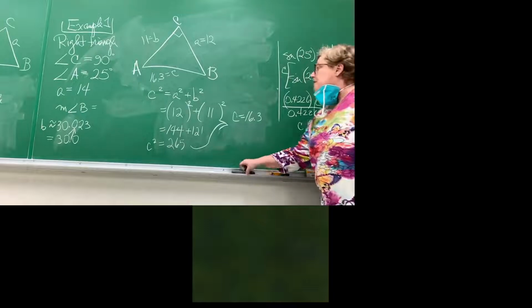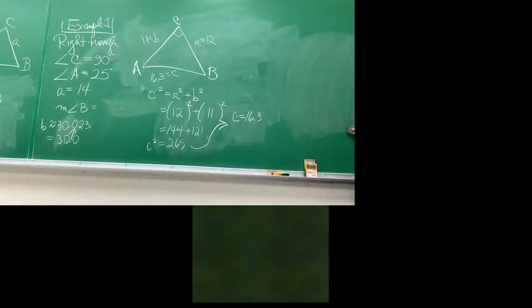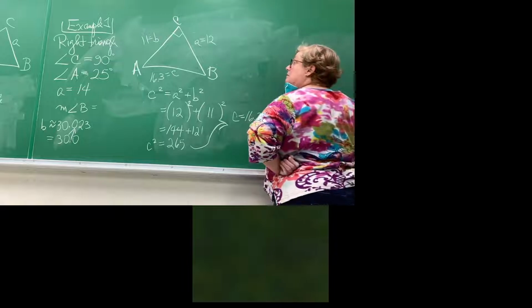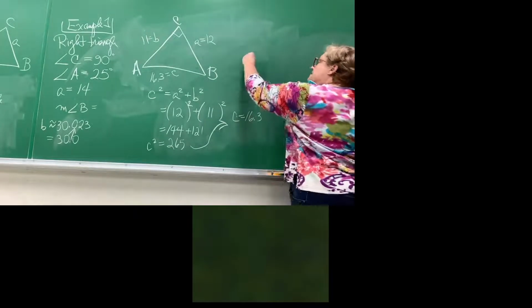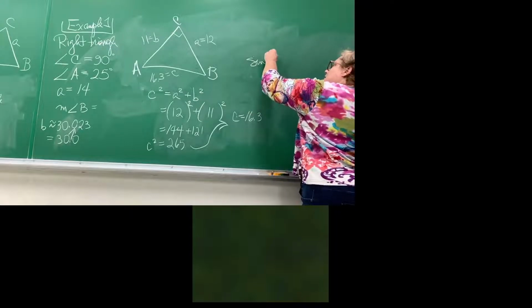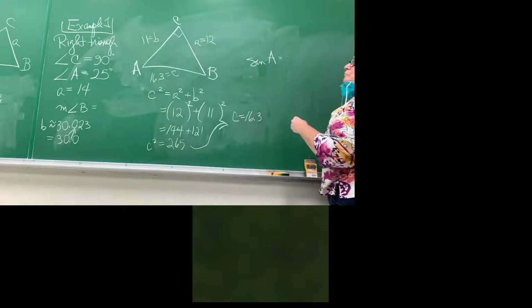Do we know anything about capital A or capital B? They need to add up to 90 degrees. Yes. What is the sine of A? 12 over 11. Careful. 16.3?